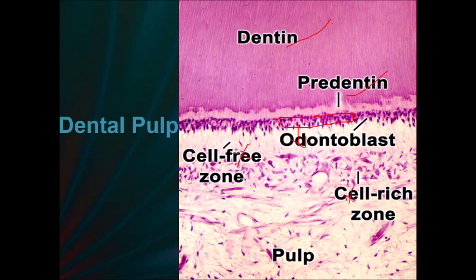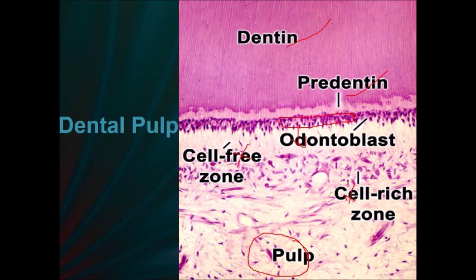The cell-free zone can also be called the cell-poor zone. And then I have the cell-rich zone, and the pulp proper, or the core of the pulp. The supra-odontoblastic layer, we will talk about in later images.